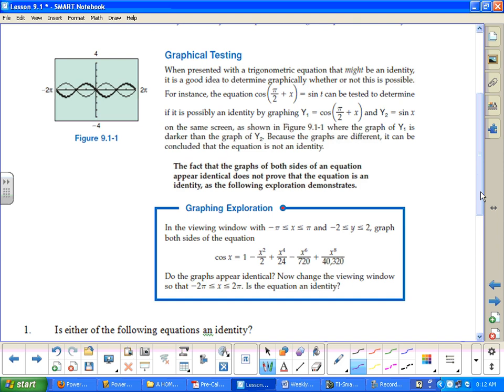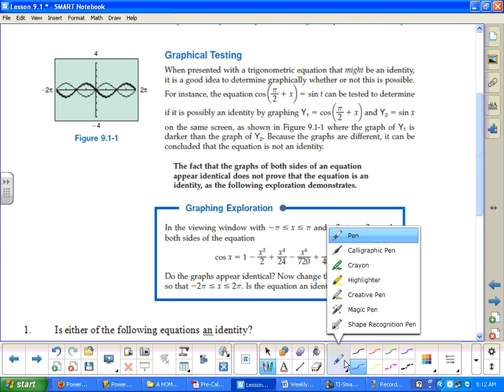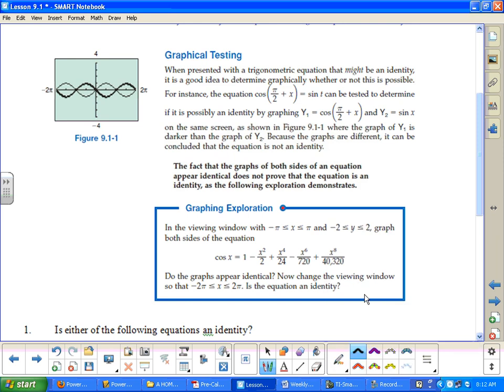So, all right, we're going to go ahead and do this exploration here to see what happens with our graph. So let's make a viewing window in our calculator from negative pi to pi for x and negative 2 to 2 for y. And then we want to graph both sides of this equation.